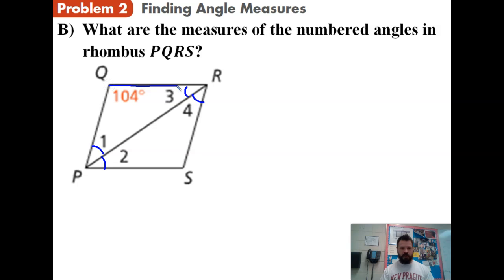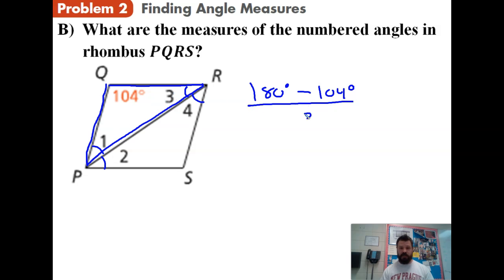What we'll do is look at the triangle in the upper left here. We know its angles add to 180 degrees. So if I subtract out the 104 for angle Q, I'm going to be left with the sum of angles 1 and 3. Now since we know those two angles are congruent, if I divide by 2, that's going to give me what each one of the angles is equal to.